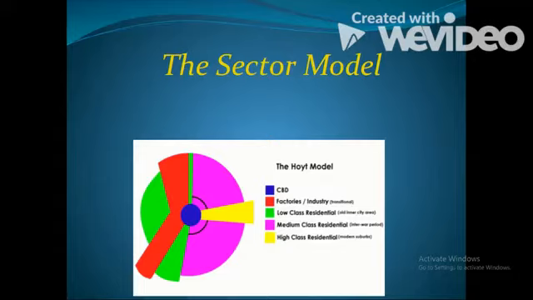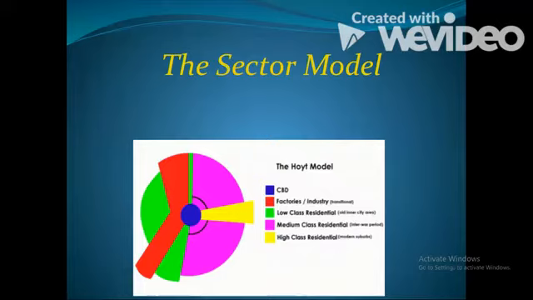So the residential has been delineated into low class, middle class, high class, etc. And this was propounded by Homer Hoyt in 1939. He studied 64 cities of the US, and then he came out with this.